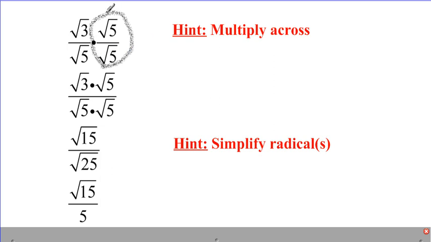This value of 1 is not going to change the value of this fraction. It's just going to help us put it in a format that we can understand more clearly. We have a concept of what 5 is. Working with the square root of 5, unless you have a calculator, would prove to be difficult. So we're just rewriting the fraction in a format that we can understand a little bit better.